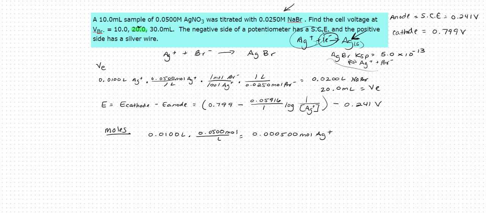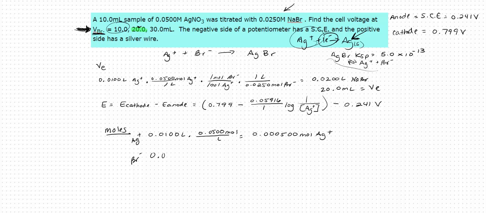So how many moles of bromide are we adding? Well, for the bromide, we have 10 milliliters as well, because that's what's given right here, and that's the volume of my bromide. I find the use of V's to be inconsistent because V is voltage, but V is also volume. So you'll have to watch out for that. Just make sure you're paying attention to the units.